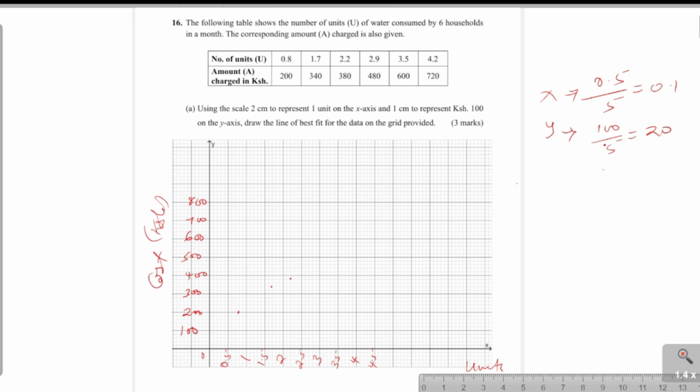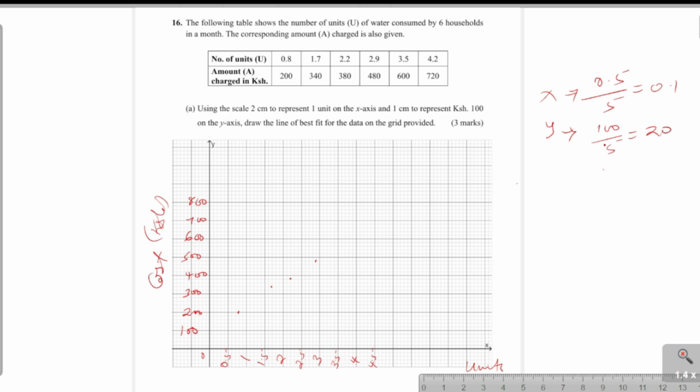Okay. And then 2.9, 480. 2.9 is here. 480 is there. 2.9, 480 is okay.